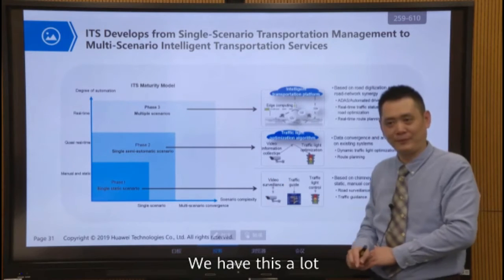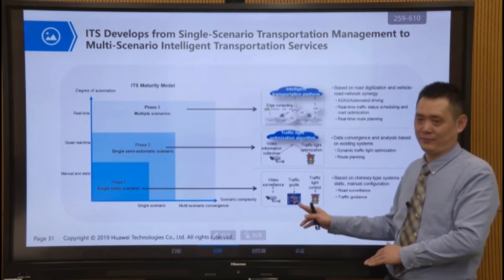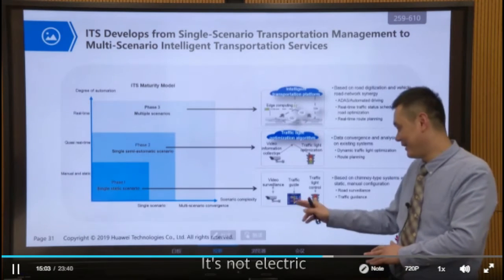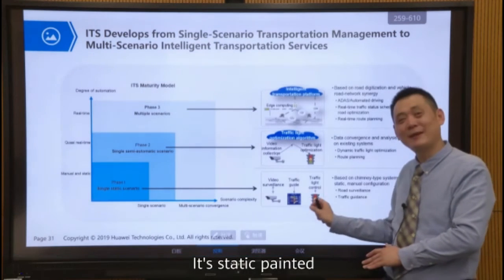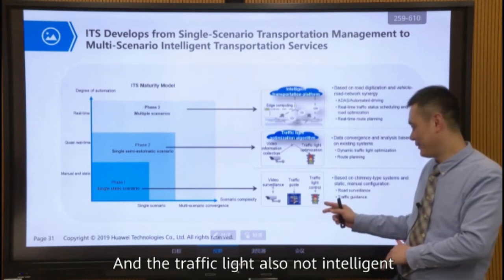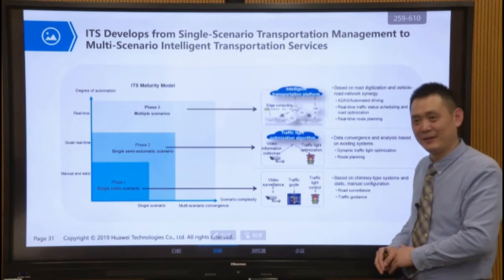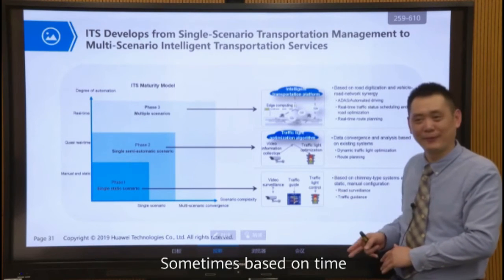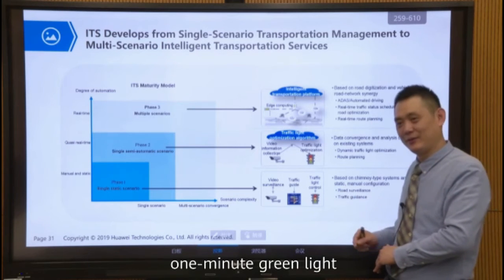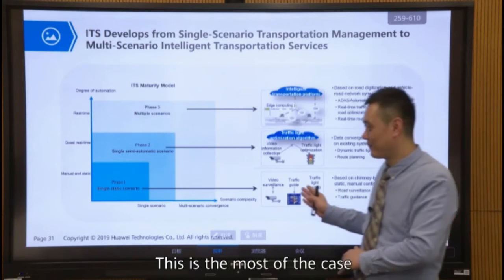And the traffic guide board is static, painted. The traffic light is also not intelligent, just a fixed algorithm. Sometimes based on time, let's say 1 minute red light, 1 minute green light, like this. This is the most of the case.